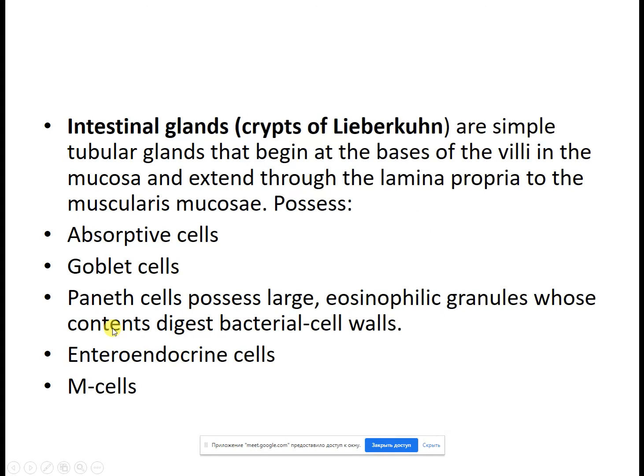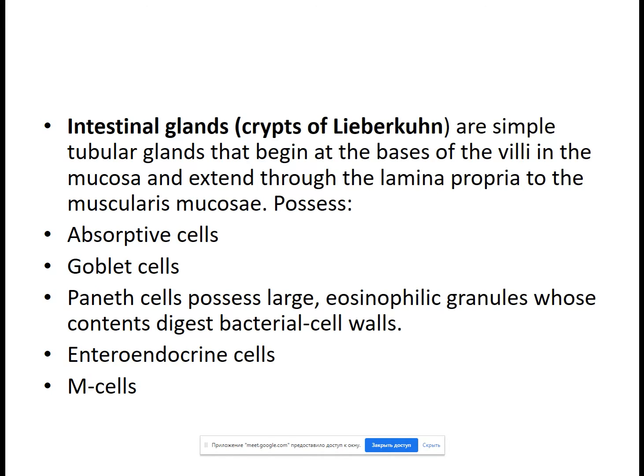We didn't discuss enteroendocrine cells. Enteroendocrine cells are similar to the cells we discussed in the stomach. They produce different hormones. One of them is gastrin. We already know it, the same as in the enteroendocrine system of the stomach. Another one is CCK, cholecystokinin.